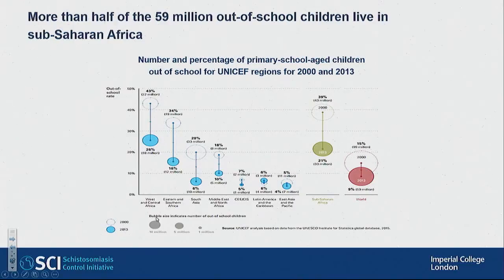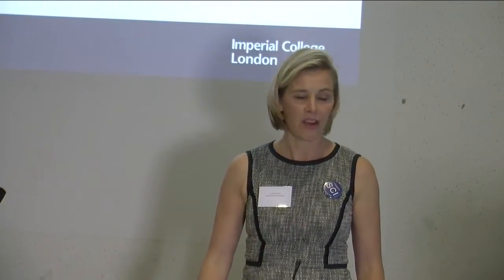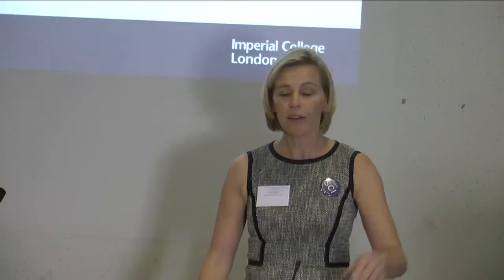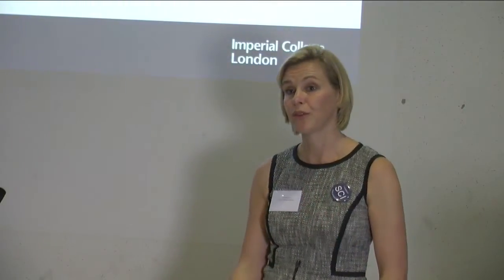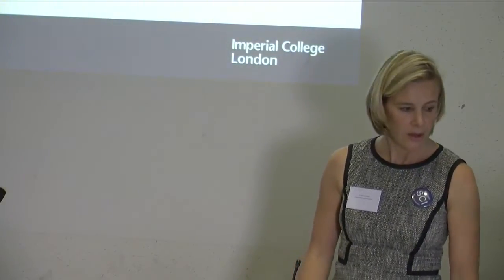These were put together by UNICEF. We can see a significant drop over time in a number of areas, which is very encouraging. But when you look at the figure in green, you can see that still 33 million children in sub-Saharan Africa are out of school. So we really need to think carefully how we ensure that we reach those children that don't attend school.